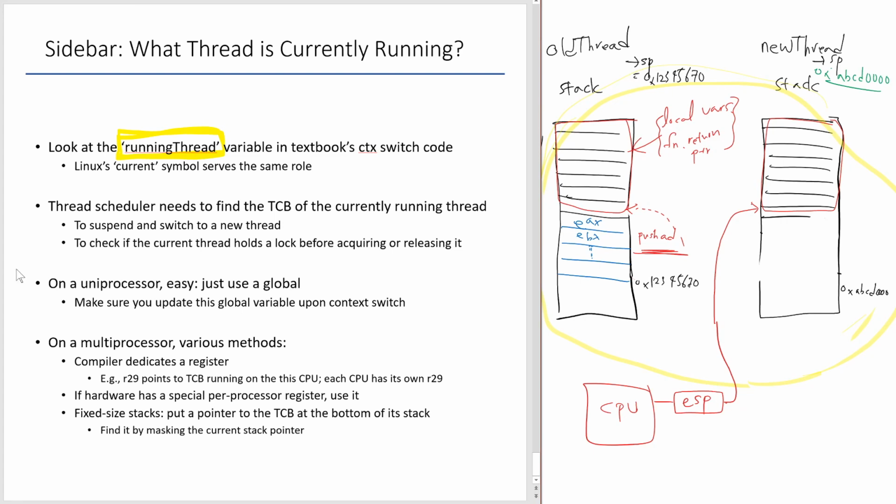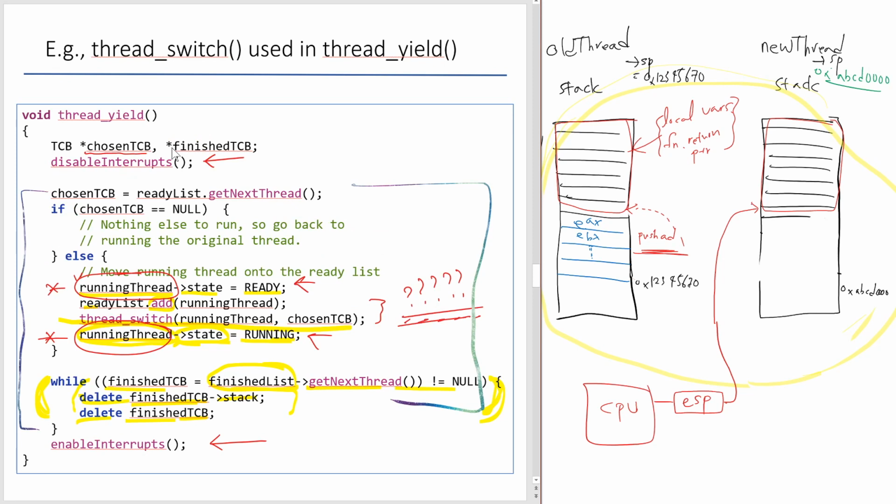Let's go back. Okay, this is the context switch code, and thread switch over here is the assembly code. And this reference here, running thread, this symbol refers to the TCB of the thread that is executing right now.